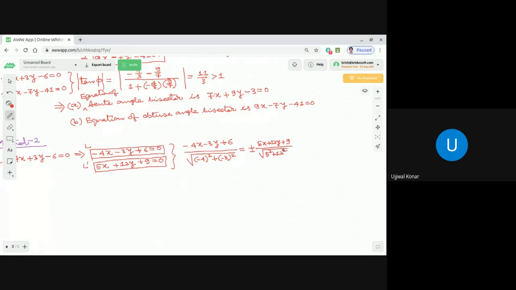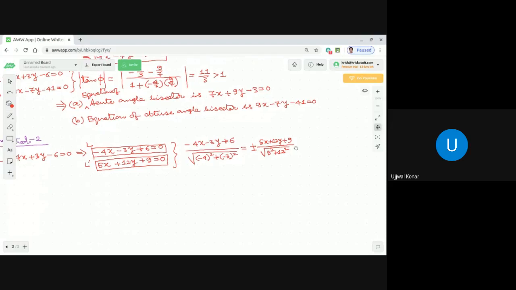This is the joint equation of the bisectors.